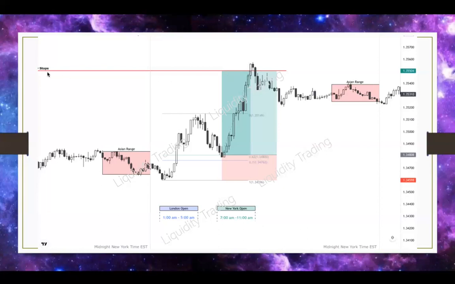The market takes out this red horizontal trend line. It takes out an old high and trades back down and starts consolidating again in the Asian range. Again, London Open created, in this example, the low of the day and high of the day, then a retracement back into New York Open, and then another rally up.